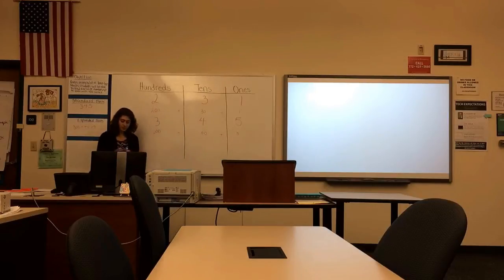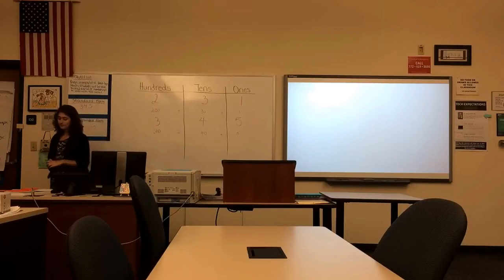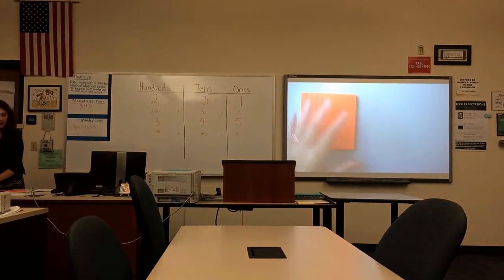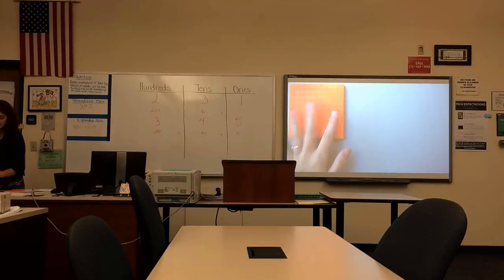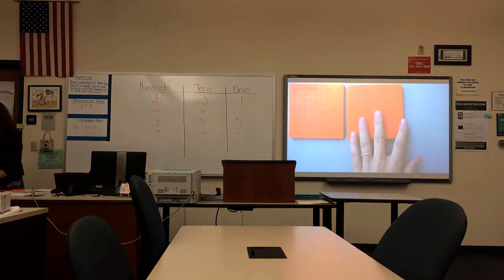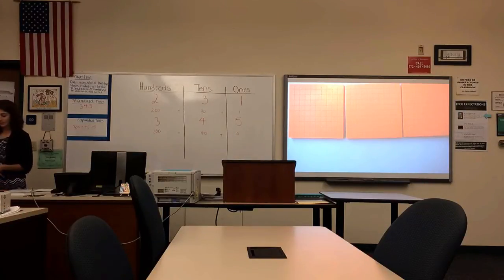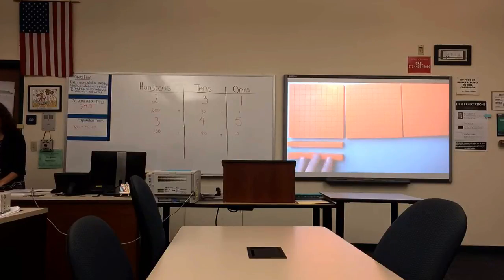So, how would we use our base 10 blocks to display 345? Well, how many hundreds are there? 3. So we would get out 3 hundreds blocks. And how many tens? 4. So we would have 4 tens blocks.